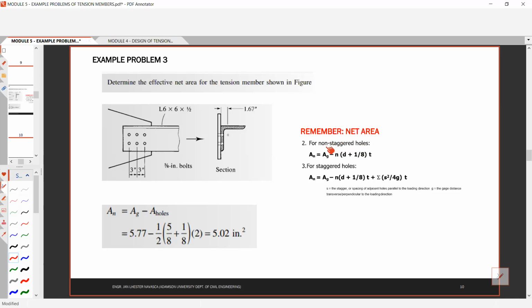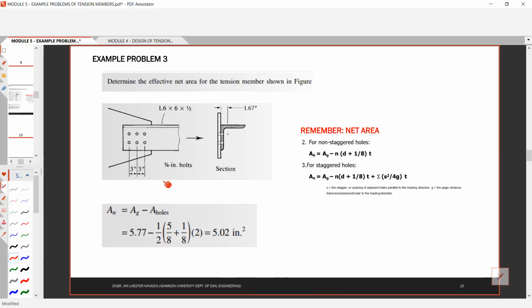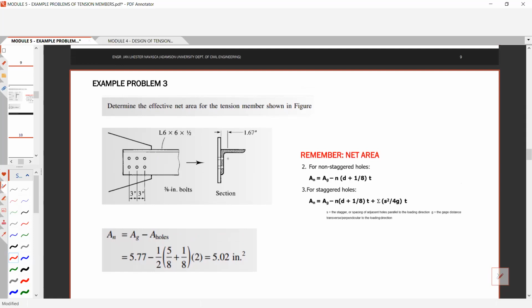For non-staggered holes, you have AN equals AG minus the area of the holes. For staggered holes, AN equals AG minus the area of the holes plus the Cochrane correction factor, the summation of S squared over 4G times your thickness. Since our problem is non-staggered holes, we will be using this solution.